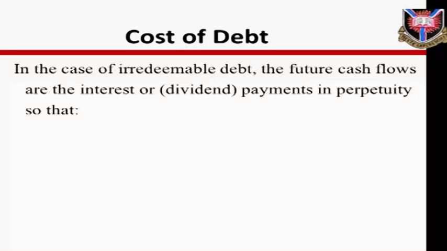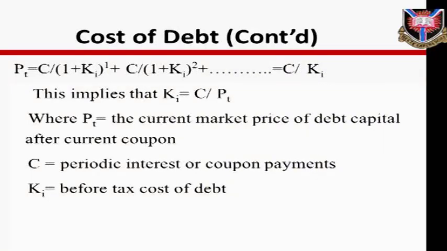In the case of irredeemable debt, the future cash flows are the interest payments in perpetuity, so that P0 equals C over (1 plus K) plus C over (1 plus K) squared and so on, which equals C over K. It implies that K equals C over P0, where P0 represents the current market price of debt capital after the current coupon, C is the periodic interest or coupon payment, and K is the before tax cost of debt.